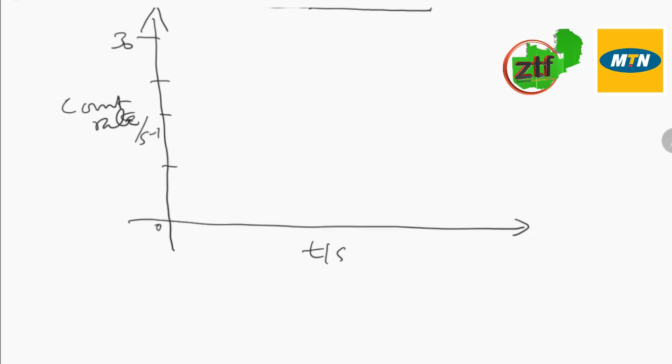Supposing, just for argument's sake, we are starting with 30 at time 0. We have times like 10, 20, 30, up to about 72, for example. After we have plotted these correctly, we are going to generate an exponential curve, which will look like this.